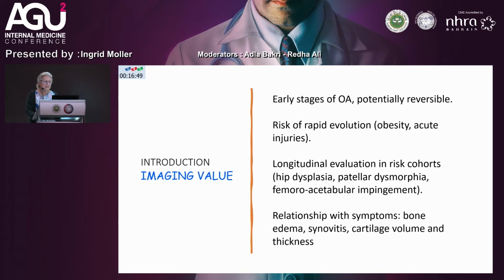Which kind of patient? Hip dysplasia, patellar dysmorphia, femoral acetabular impingement, and a long list of them. There is a relationship between imaging and symptoms when we have bone marrow edema, when we have synovitis, and when there is a change in the cartilage thickening.